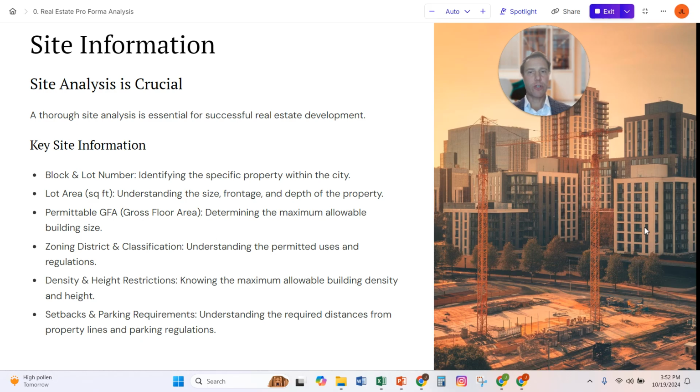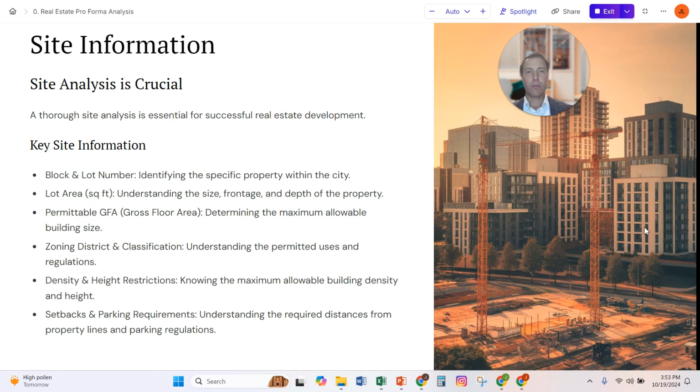Your density and height restrictions all go into what you can build, will affect your construction costs, as well as the gross floor area that you can then market, sell, or rent out. And any specific requirements to the property. Are there setbacks required, parking requirements?